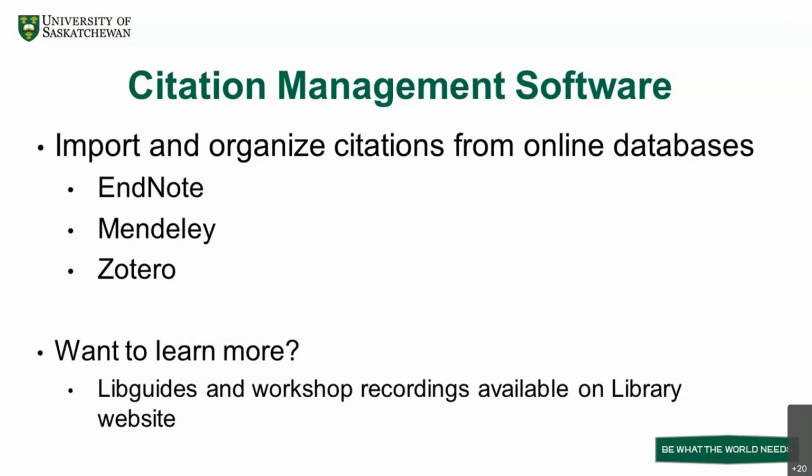But one of the things when you're doing a really big project, citation management software can be very valuable. And there are three really popular ones: EndNote, Mendeley, and Zotero.